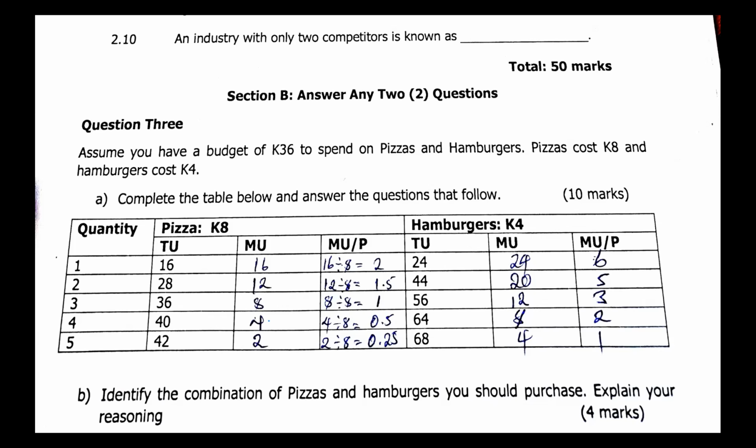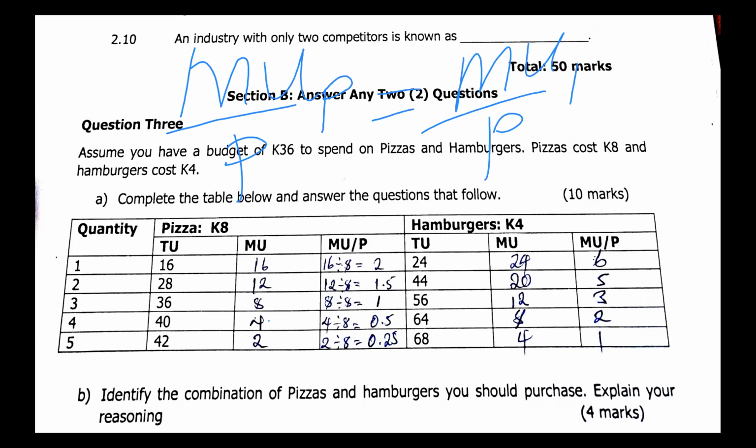Okay. So utility is basically maximized at the point where marginal utility over price of a certain good, let's say this time around this is pizza, shall be equal to marginal utility over price of the hamburgers. Clear?